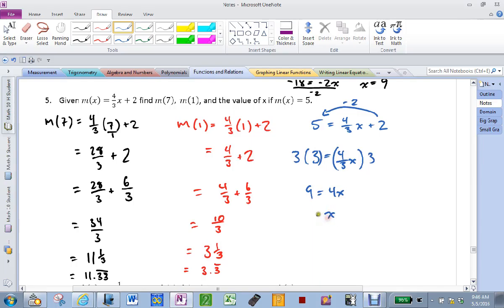What does x equal? Nine over 4. Is that an acceptable answer? Of course it is. What else is it?